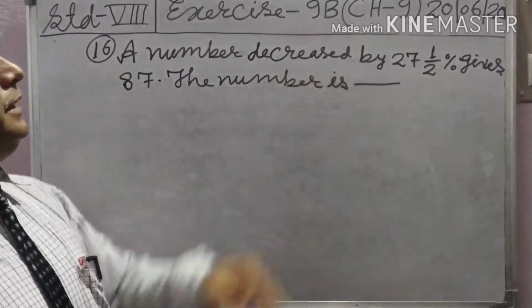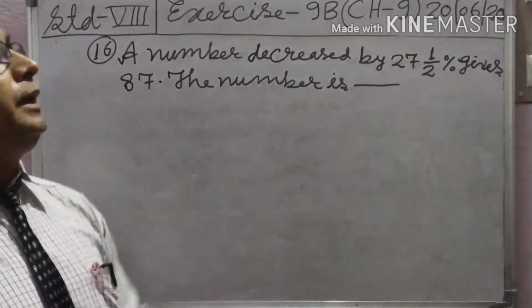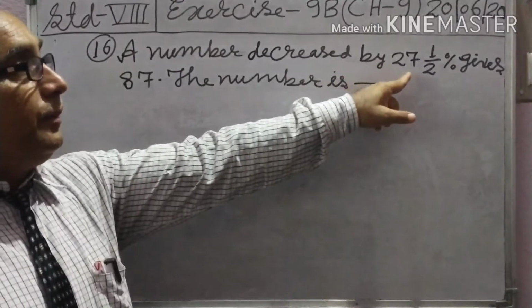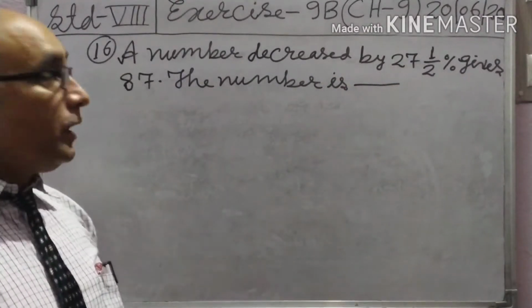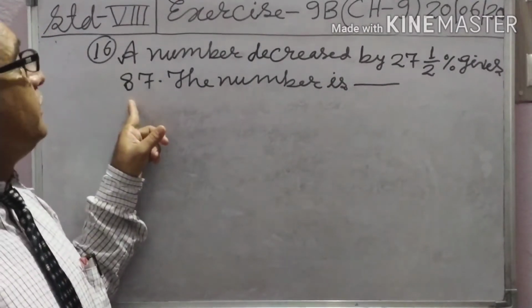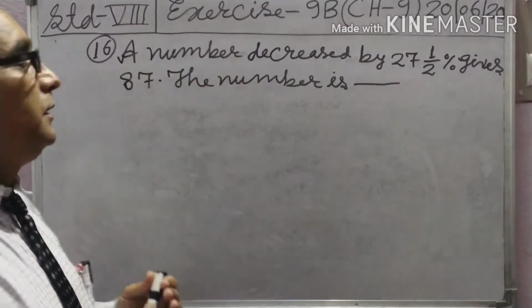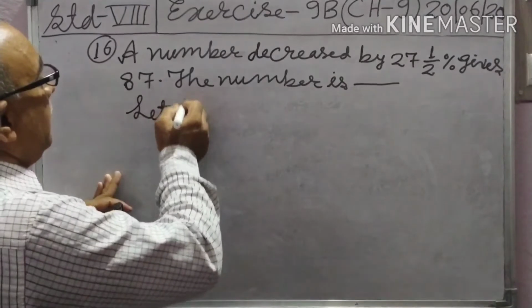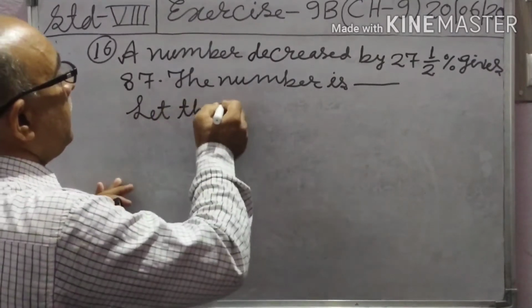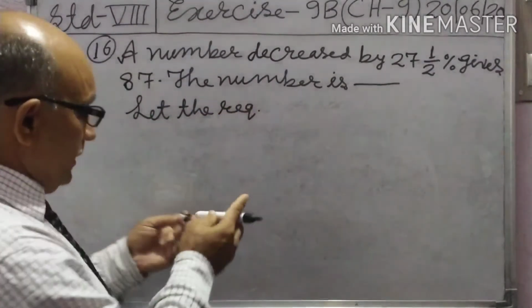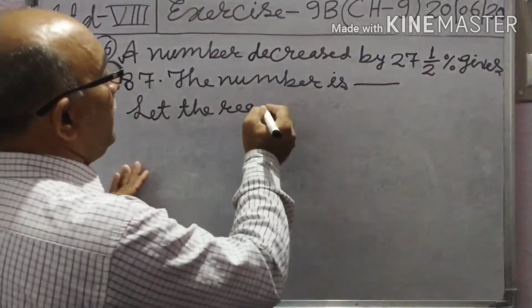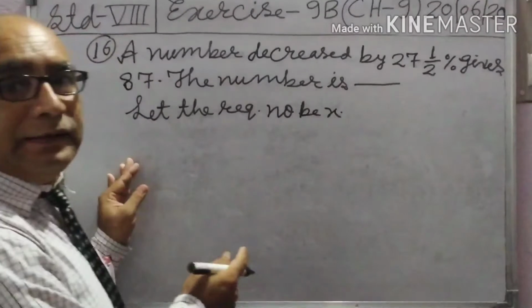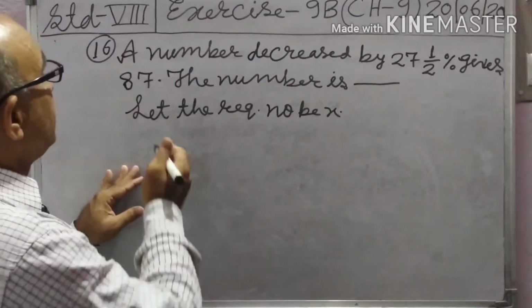A number decreased by 27 whole 1 by 2% gives 87. The number is, let the required number be x.